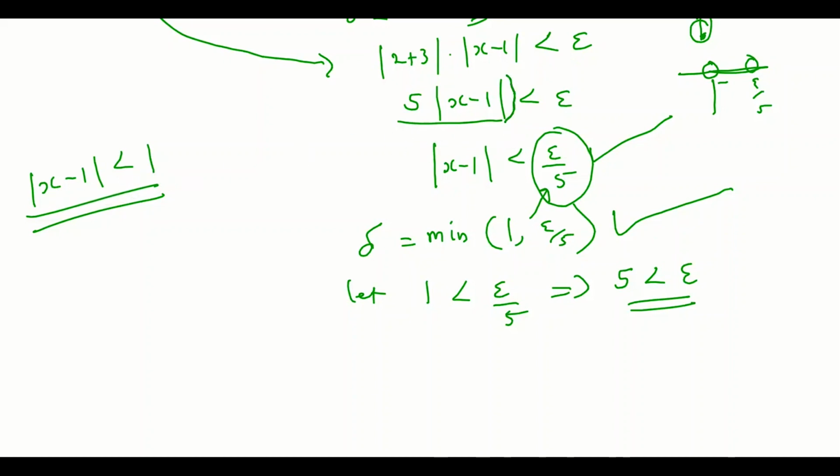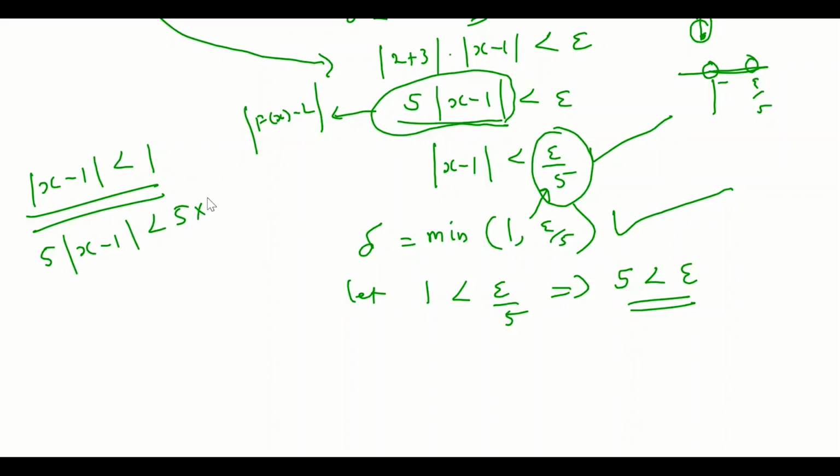Don't forget, this expression is equal to the absolute value of f of x minus the limit. So if this one is less than 1, automatically 5 times the absolute value of x minus 1 will be less than 5 times 1. That's the meaning.